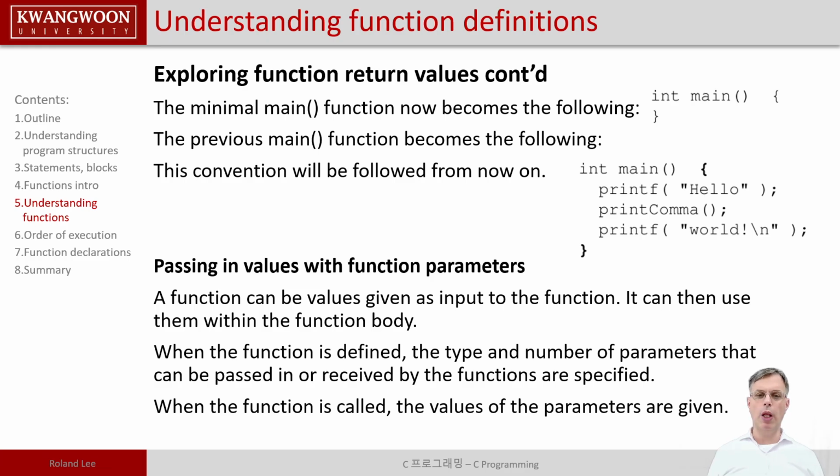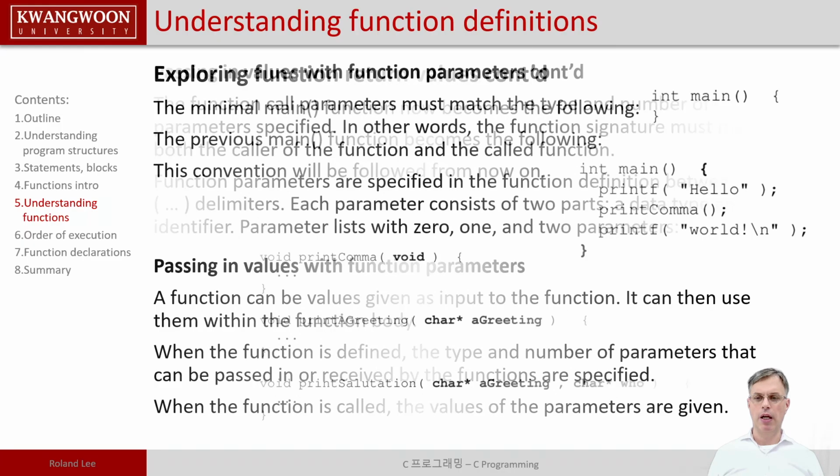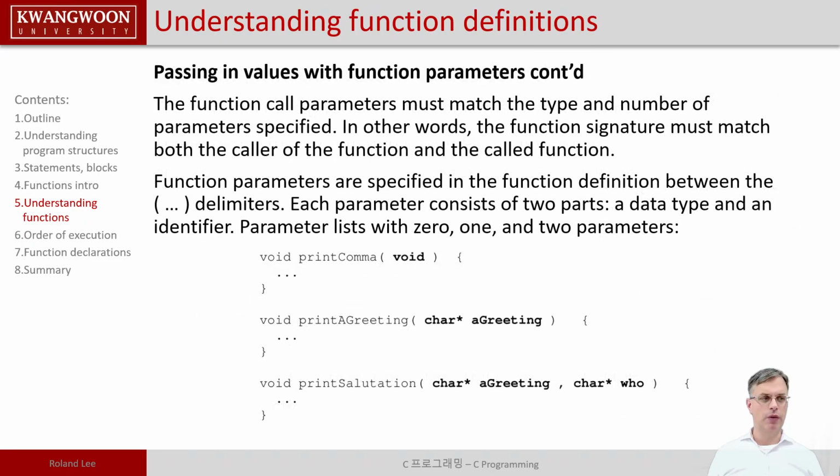The function call parameters must match the type and number of parameters specified. In other words, the function signature must match both the caller of the function and the called function.